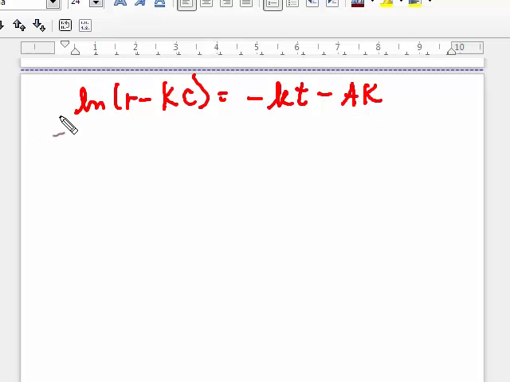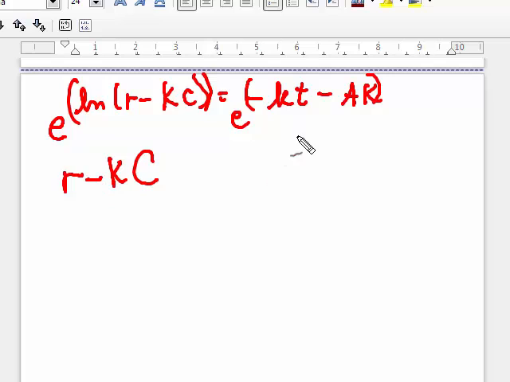Alright, now I'm going to raise both sides, e to all this. Okay, e is the inverse of log, just like log is the inverse of e, so this side only becomes r minus kc, and now I have a chance to isolate the c. On the other side I get, well, I can write this as two functions, which is what I want to do right now. E to the minus ak.